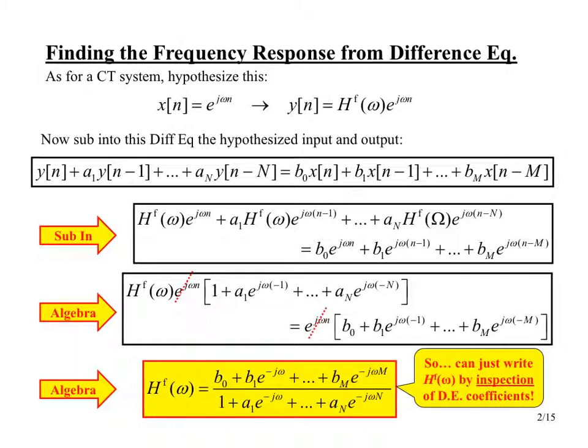So the first way here, we're just going to ask what happens when I put a complex sinusoid into a system, and we're going to hypothesize based on the fact that we really do know the answer to this. We do know that if we put in a complex sinusoid, that same complex sinusoid comes out with a complex number out in front. Notice that, I know it's a function of omega, but we're imagining that this omega is fixed at a specific value.